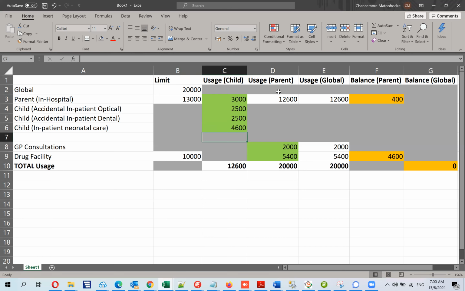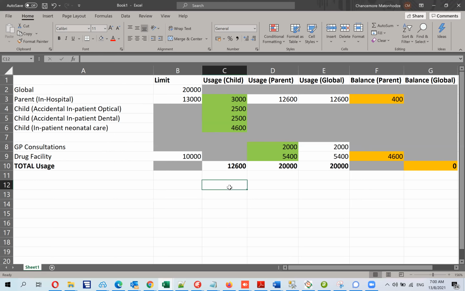At this point, benefits are exhausted. Yes, there is a balance here, but it cannot be used. We cannot draw from drug facility to pay for neonatal care. So we cannot use this limit. We cannot use these benefits. And while there was more room in this parent in hospital, we cannot use it because the global limit is now 0. So this actually shortfalls.